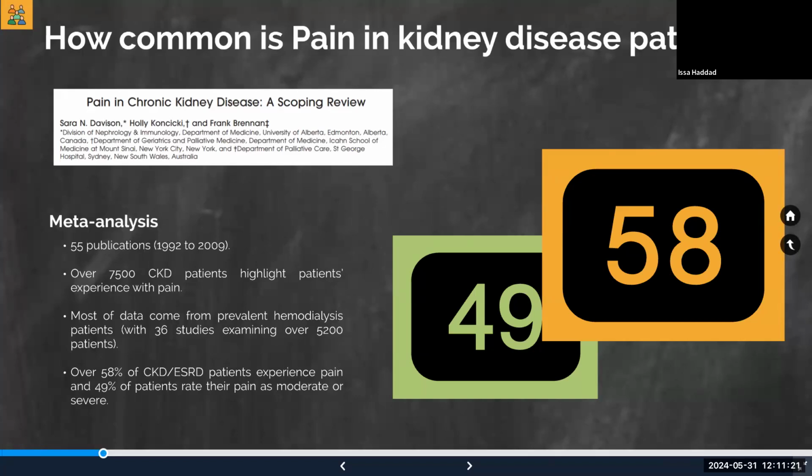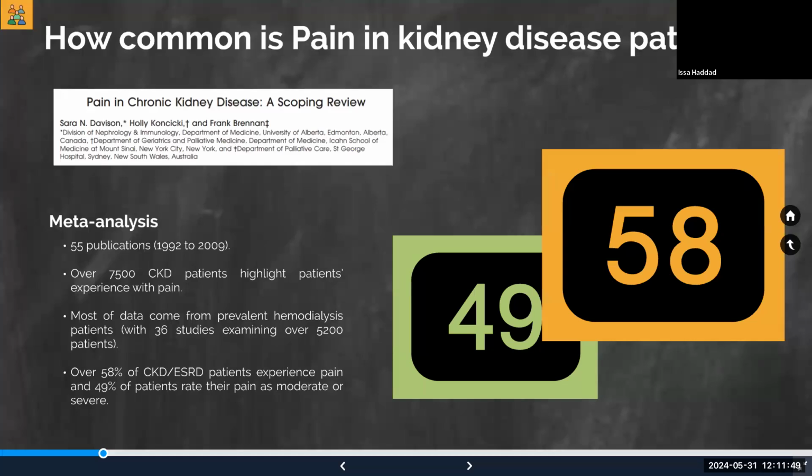So when they try to look at how common is pain in kidney disease patients, in this meta-analysis done at a university in Canada, they looked at 55 publications from 1992 until 2009. They looked at over 7,500 CKD patients and tried to see which patients experience pain.